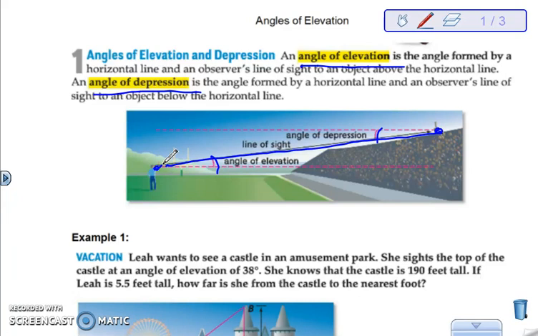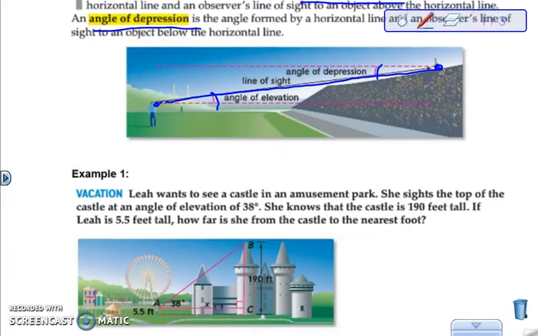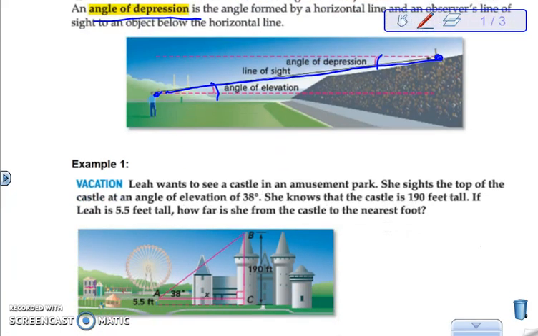So when we draw these out, the angle of elevation and angle of depression will both always be made with the horizontal side of whatever picture that we're drawing. But mathematically, it's going to end up being the same, because if we remember how parallel lines work, the angle of elevation and depression form a pair of alternate interior angles.